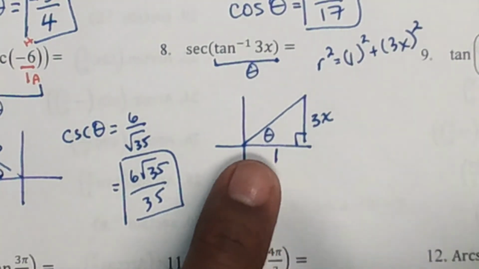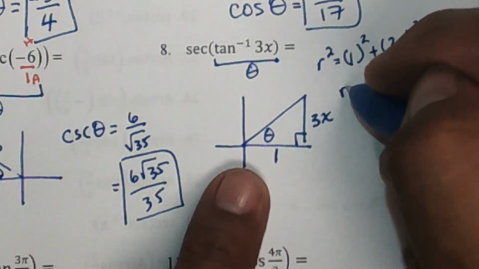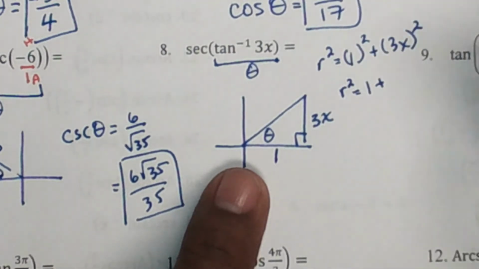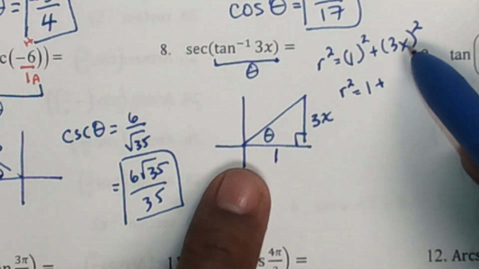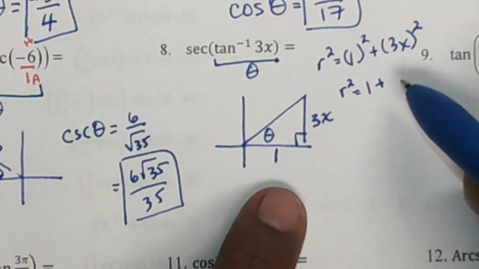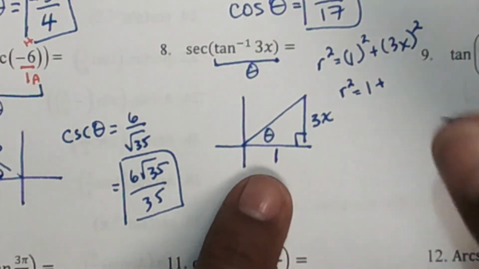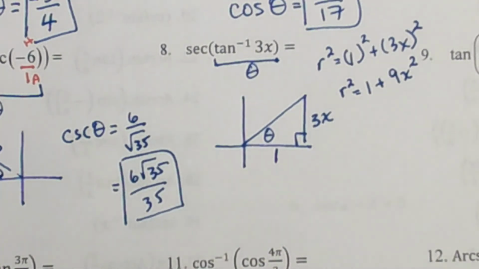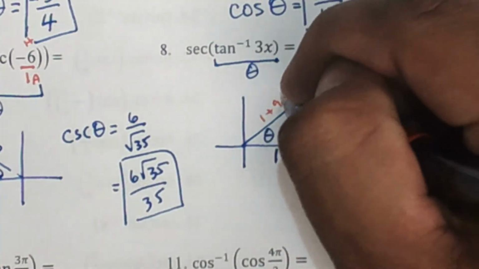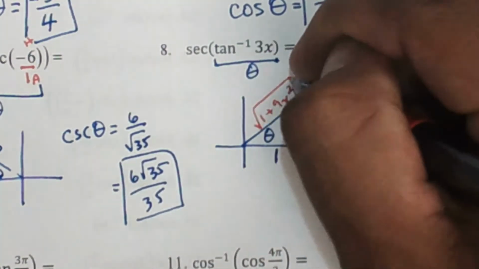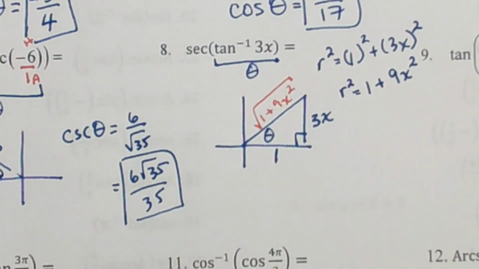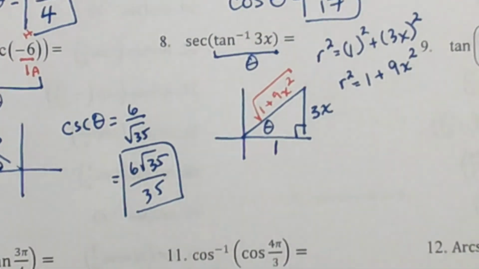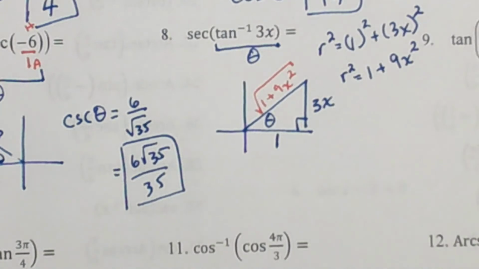This is where a couple people have problems, because what they do is they square the x really, and that's it. So they put 3x squared. But it's actually supposed to be 9x squared. And when you square root that, that ends up being your hypotenuse. You could put 9x squared plus 1 inside, that doesn't matter. But if it was subtraction, that order does matter. In this case, it doesn't.